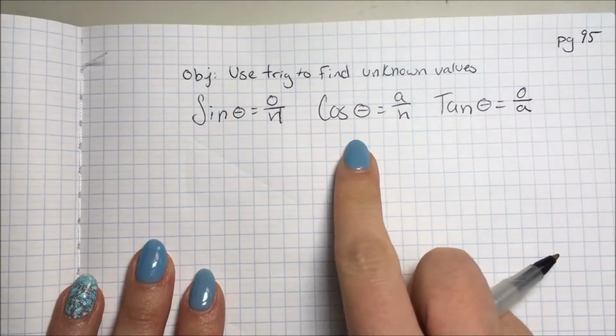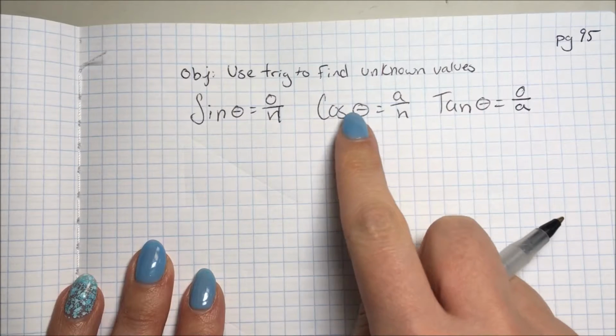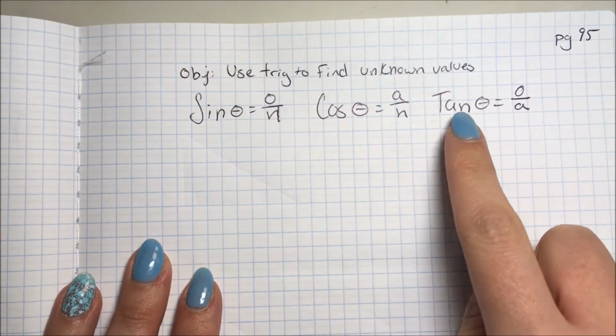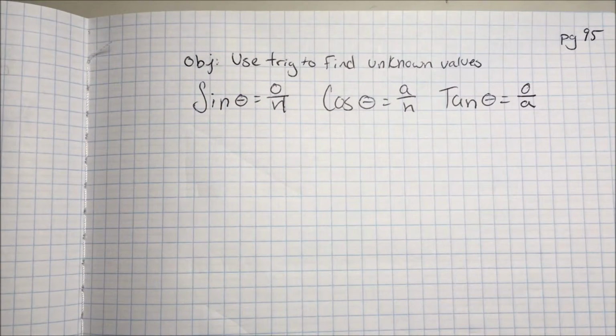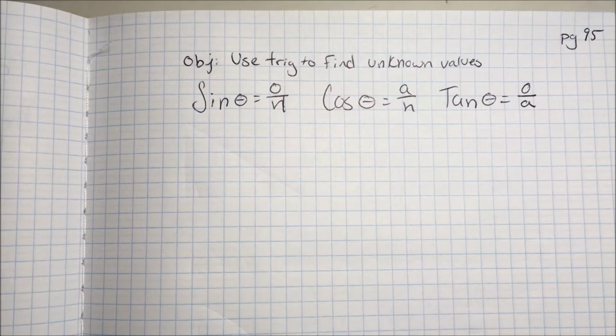Okay, so sine, cosine, tangent. Sine is opposite over hypotenuse. Cosine is adjacent over hypotenuse. Tangent of theta is opposite over adjacent. So this is where we're going to start to use our calculator to find some values.